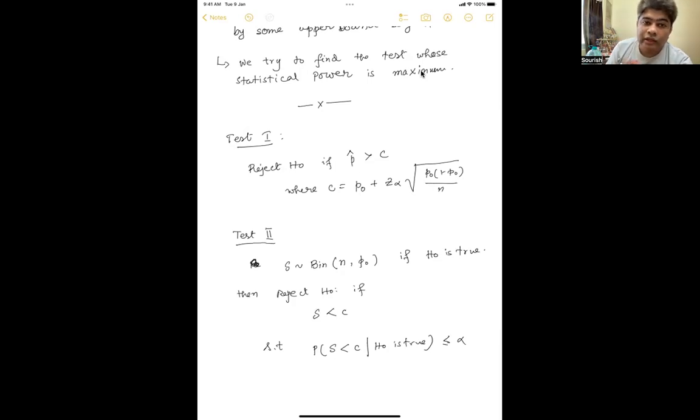So you can see we are doing the same test. There is only one single null hypothesis: P equal to P naught versus alternate P less than P naught. We have the same data, S and N. Now we have come up with two possible ways to test.